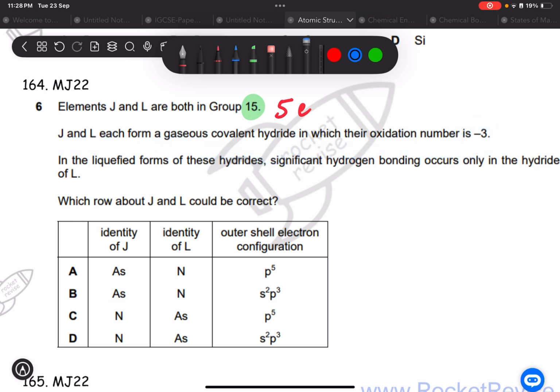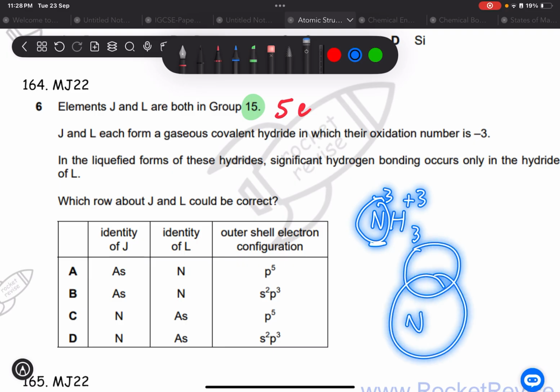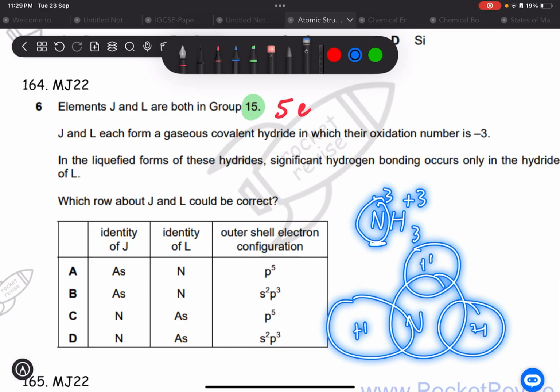Because, for example, you take any atom like nitrogen, which is in group 15, and you form NH3. Over here, nitrogen is -3 and hydrogen is +1. Why? Because nitrogen is more electronegative. This is nitrogen. These 3 are your hydrogens, and this shared pair of electrons is going to be pulled towards nitrogen because nitrogen is more electronegative.